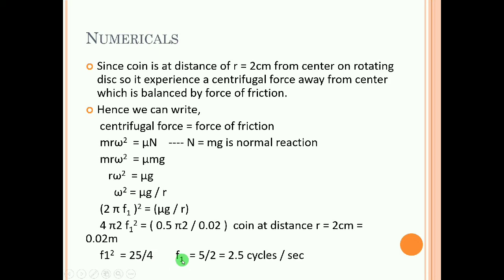Taking the square root of the whole thing, f1 will be 5 by 2, and 5 by 2 is nothing but 2.5 cycles per second. Okay, 2.5 revolutions or cycles per second.